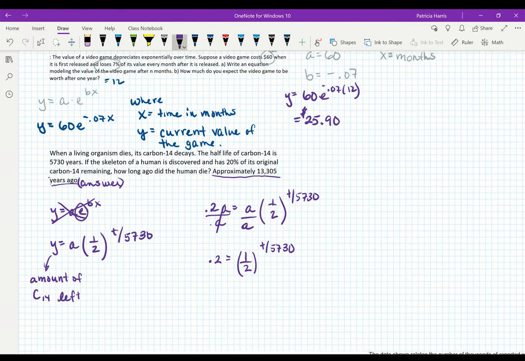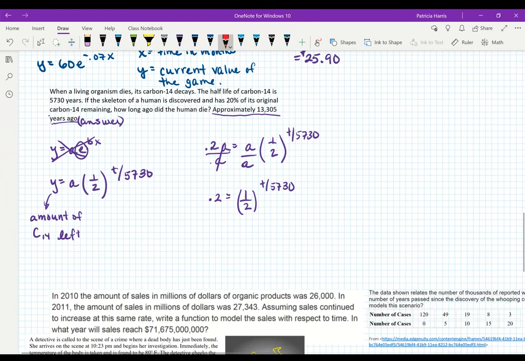My variable that I want to know is in the exponent. So that means I'm going to have to use a logarithm to help me out. I'm going to use the natural log. You can also use log base 1/2, but I think natural log is going to be easier to type into my calculator.